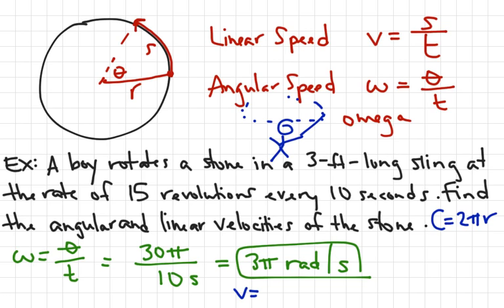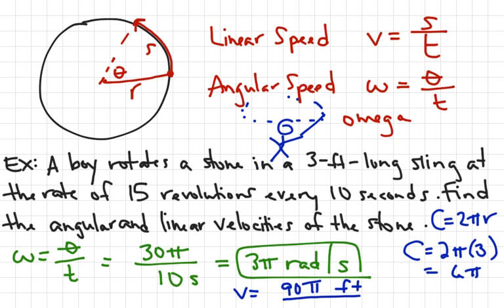So the circumference for one revolution is 2 times pi times 3, which is 6 pi. But he does this 15 times, so I multiply by 15, and 15 times 6 pi is 90 pi, not radians, sorry, this one's feet, because that's the arc length. And he does this 90 pi feet every 10 seconds. So his linear speed is going to be 9 pi feet per second.